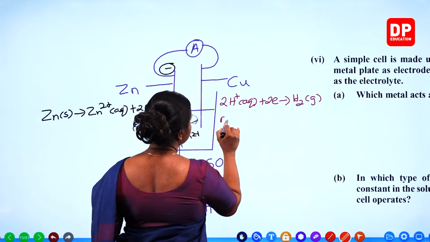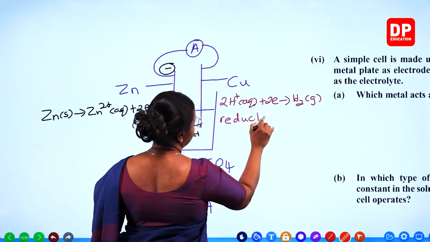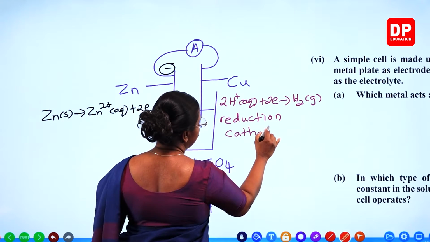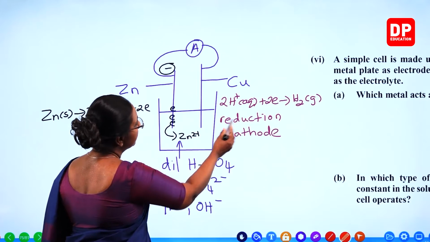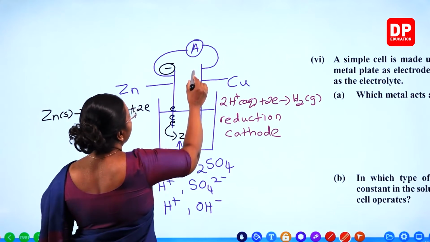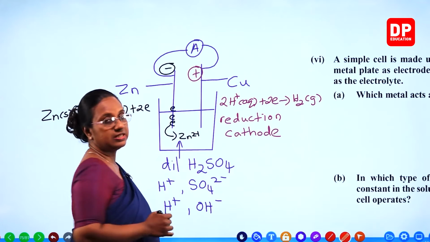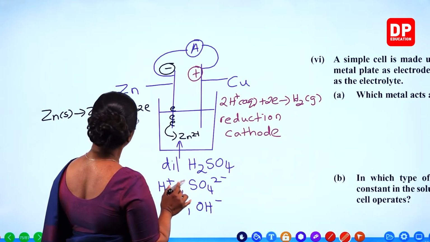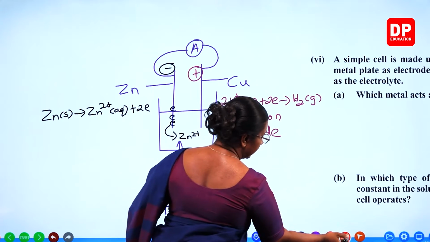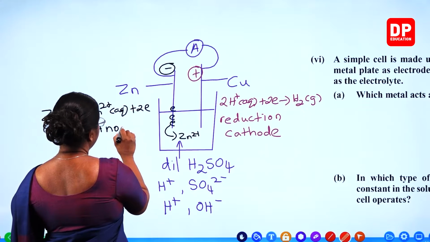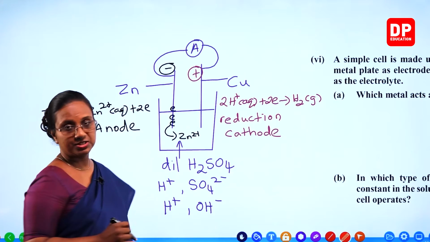This is the reduction. And so this becomes the cathode. Since H+ ions are taking up electrons, the copper electrode becomes positively charged. So here the cathode is positively charged copper, whereas the zinc is the negatively charged anode.